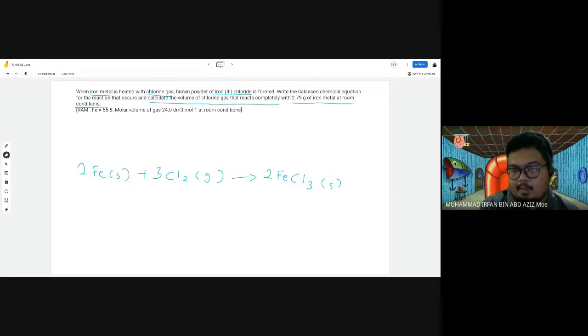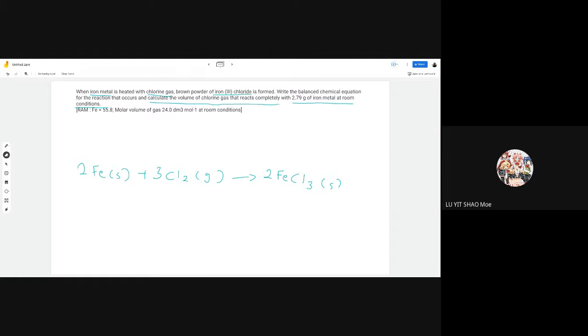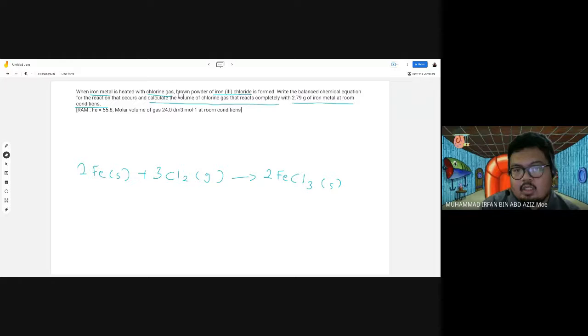So macam mana? How to calculate the number of moles of iron? Iron metal. Okay, mass over molar mass. So dia jalan kira 2.79 divided by 55.8. Okay, step 1 dulu. Okay, step 1 ni for the first part. Find the number of mole of iron yang terlibat tu.